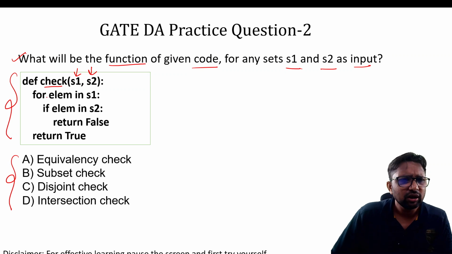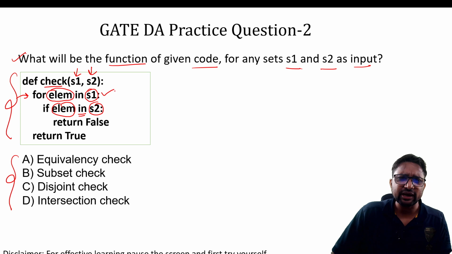Let's check. Here we are given a loop. Same as before, we are taking the elements from the S1 set one by one and checking if this element is present in S2. If the element which we pick from S1 is present in S2, then we will return false.